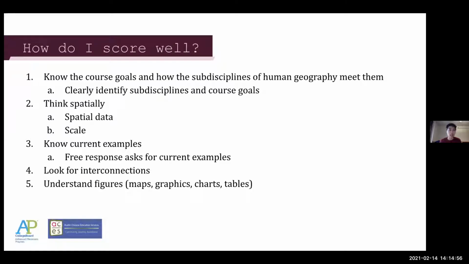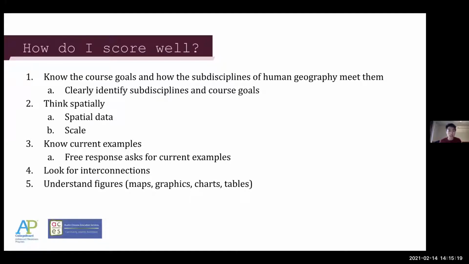The third component to scoring well is to know current examples. It's really important to have a good understanding of current examples that might relate to concepts learned in class, because a lot of the free response questions actually ask you to provide current examples in your responses.